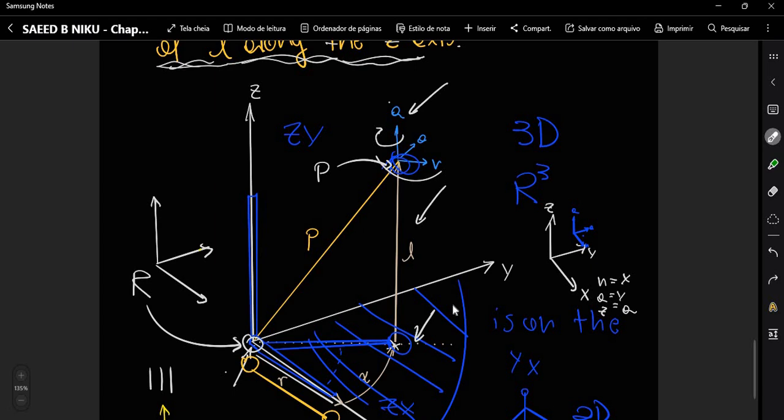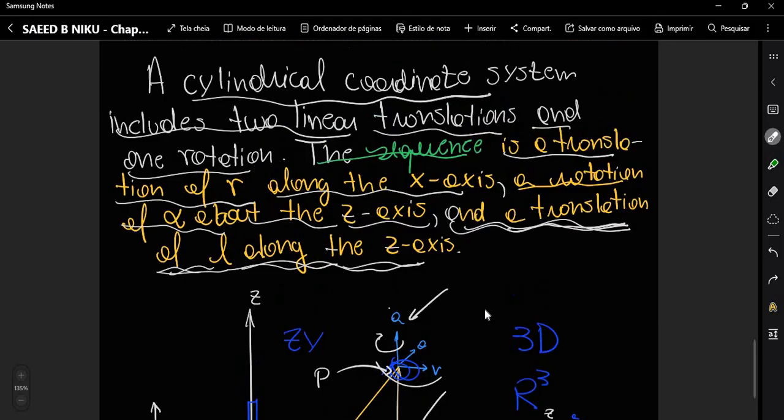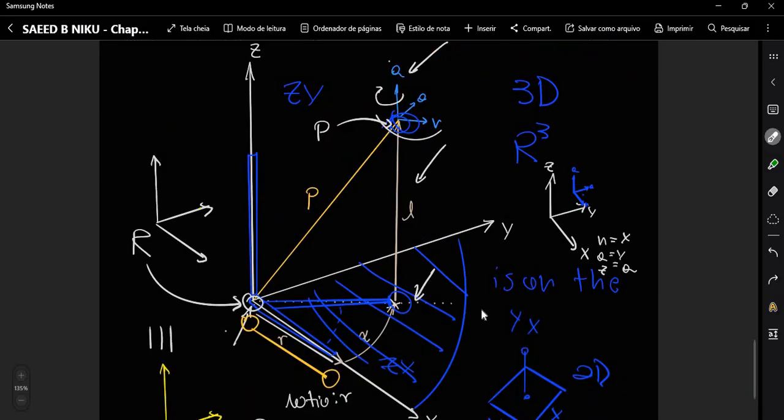We are mixing theory of linear algebra and introducing robotics context as well. So let me read again. Is a sequence of a translation of R along the x-axis, a rotation of alpha about the z-axis, and a translation of L along the z-axis. So again, this text is a description of the motion that this robot is doing.